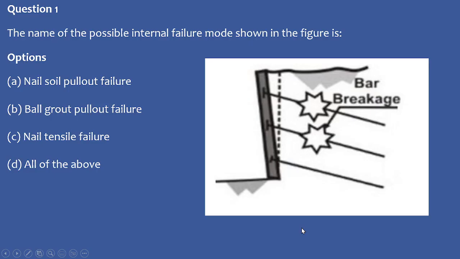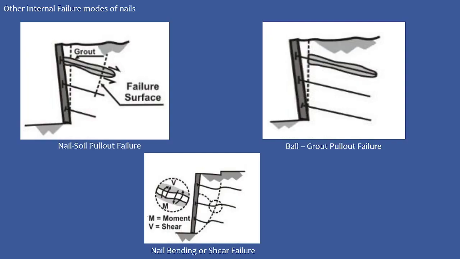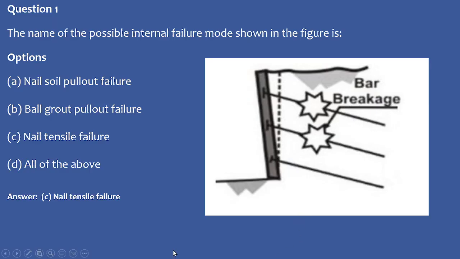Let's check with that. Yeah, so it's nail tensile failure. If we look at the other failure modes, in the nail tensile failure you can see the tension in the nails. This nail is made up of some steel material or some other material, like fiber material, which is included in the ground.